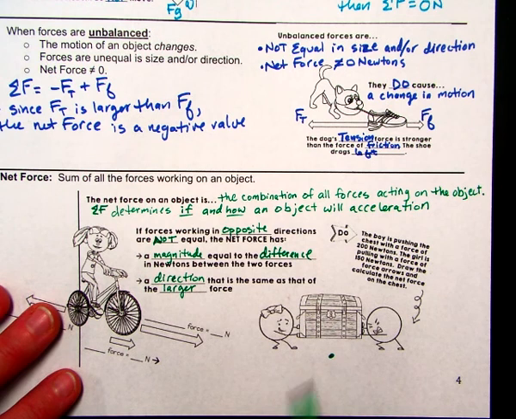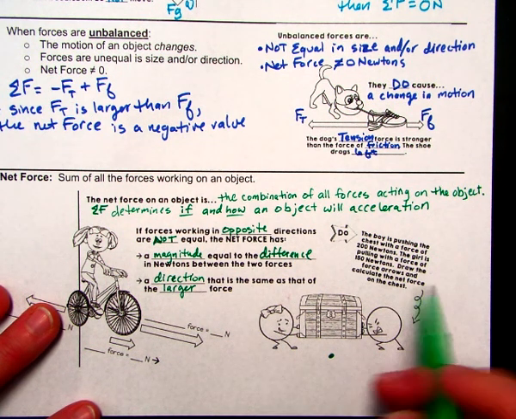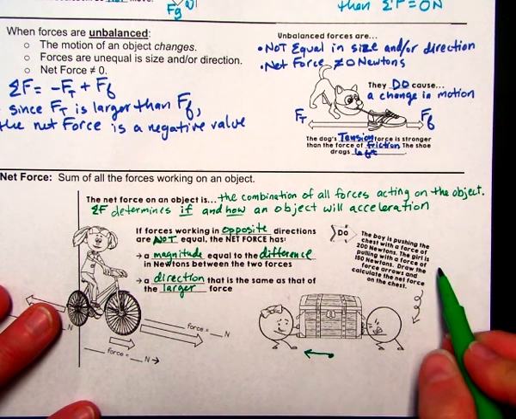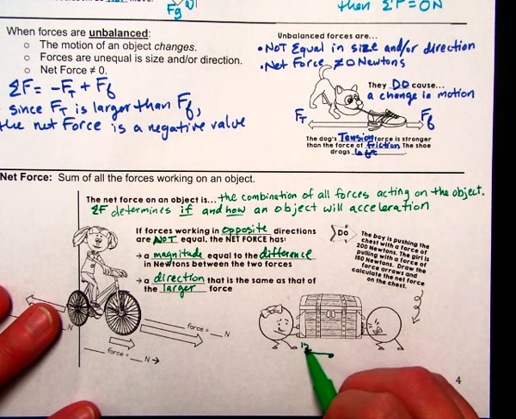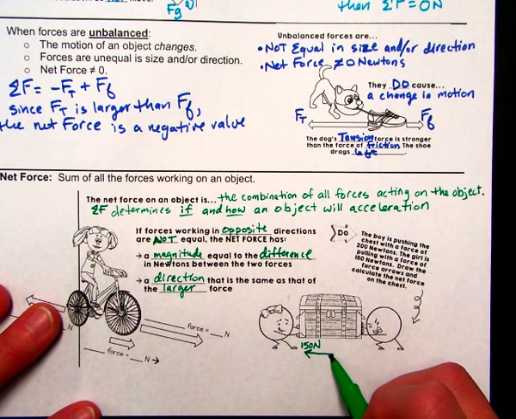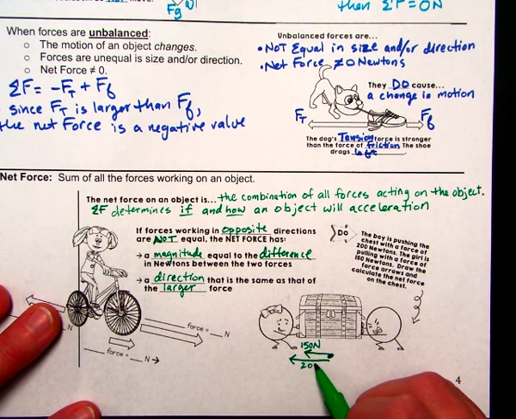Now, is the girl's force to the right or to the left on the chest? The girl's pushing which way? She's pulling, yep, so she's to the left. And how much is she pulling with? 150 newtons. And then the boy is pushing to the left. So he is 200 newtons.